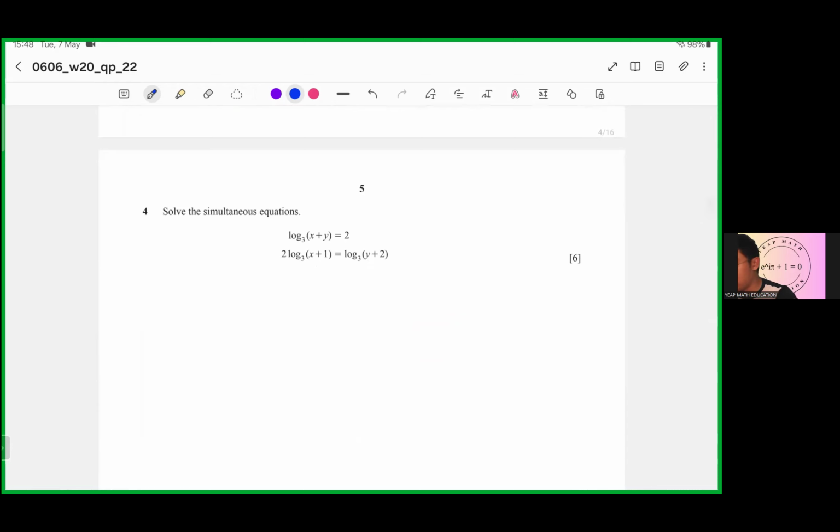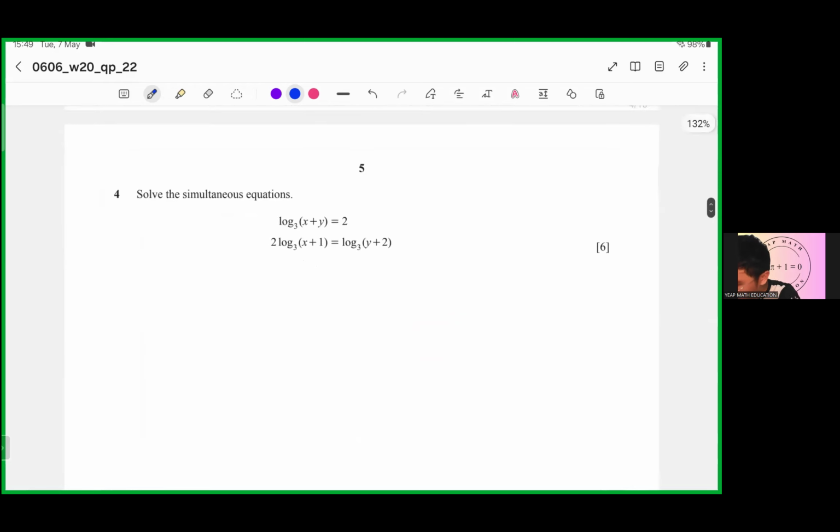Now we look at the next question. Solve these simultaneous equations. How do we need to do this question? Because these are in logarithm forms, now we need to change them into the basic forms. So log x + y equals 3 becomes x + y equals 3², so I will get x + y equals 9.